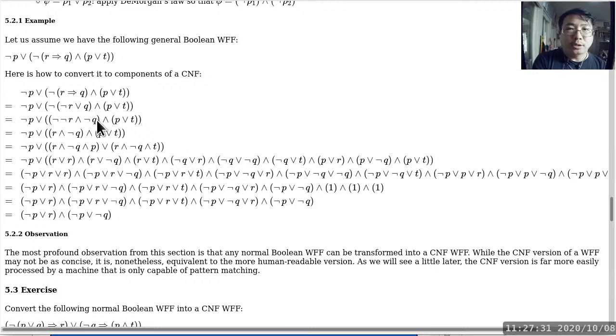And then from the second line to the third line, I applied De Morgan's law. The negation of an or becomes an and, but I changed all the individual terms that we are oring into the negated version of that. And then from the third line to the fourth line, I did a simple simplification here, because the negation of R is really just R itself. From the fourth line to the fifth line, I applied distribution.